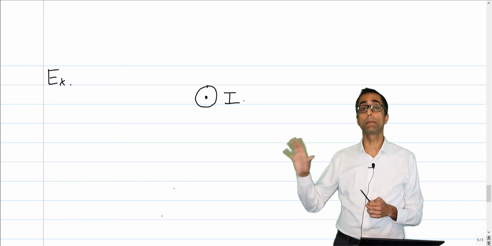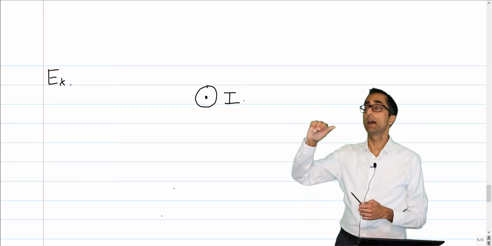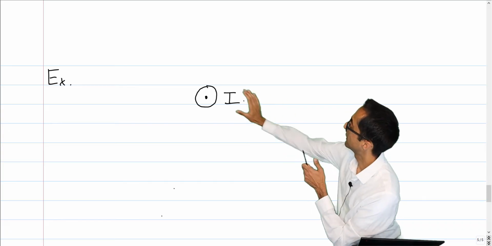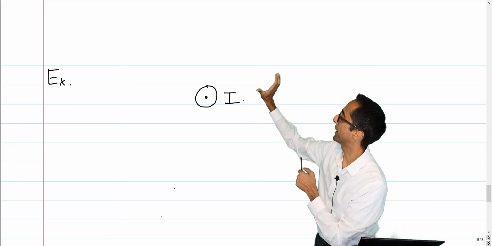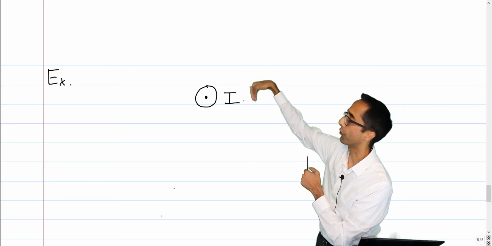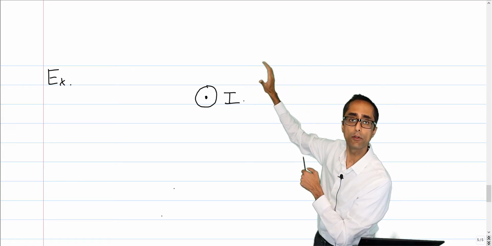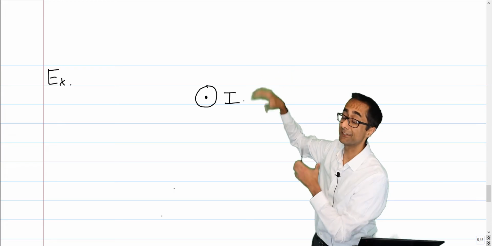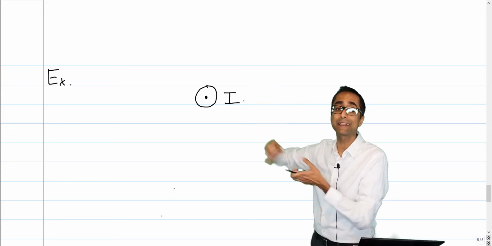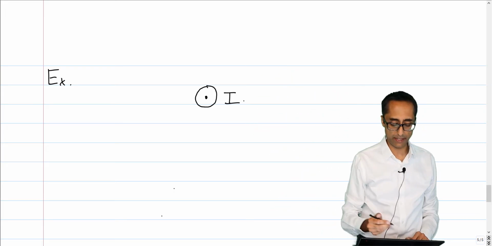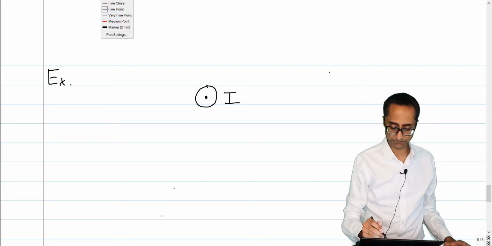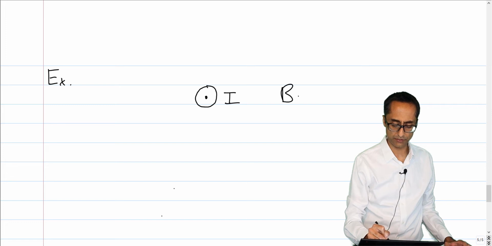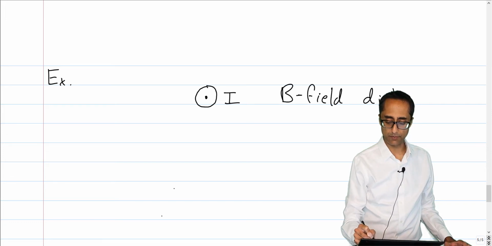And so using our Ampere's right-hand rule once again, I can do it here. Let's see, the thumb is coming out of the page, and then my curly fingers are the direction of the magnetic field. It doesn't say where we want the magnetic field, and so we basically have to draw it everywhere. Let's say the question is simply, what is the B field direction?